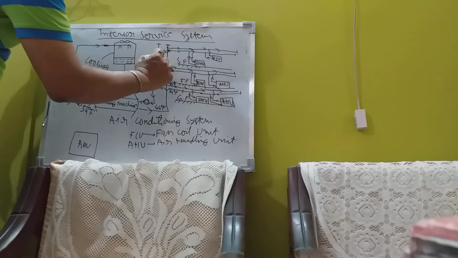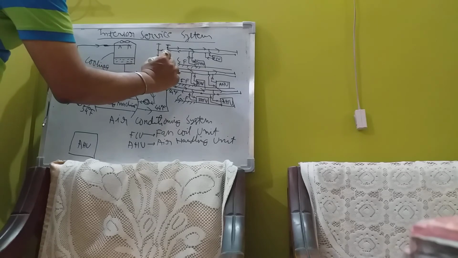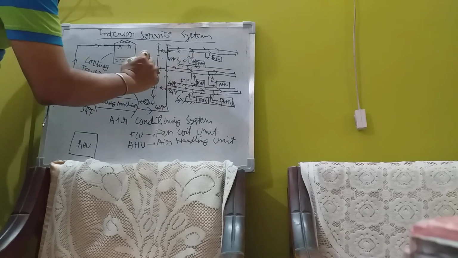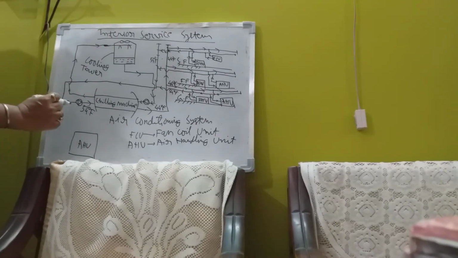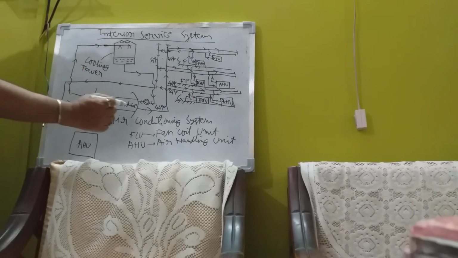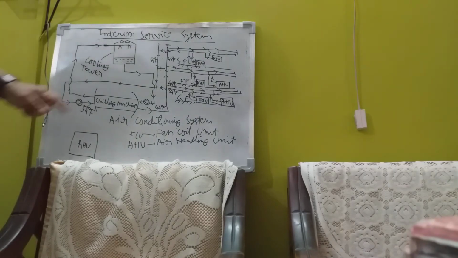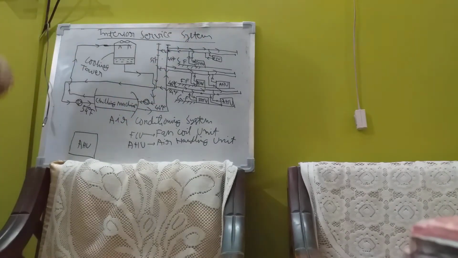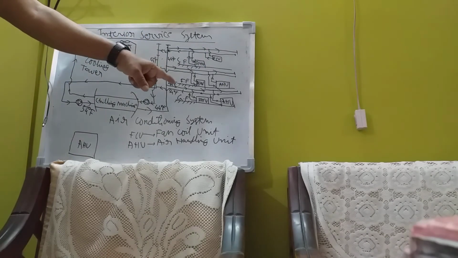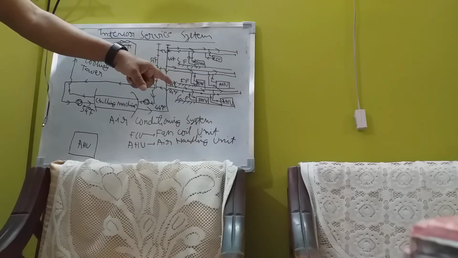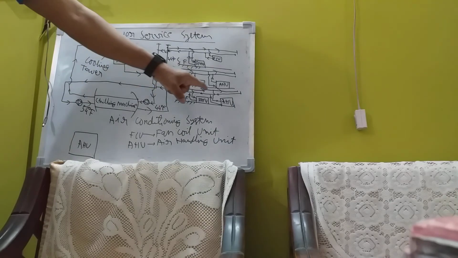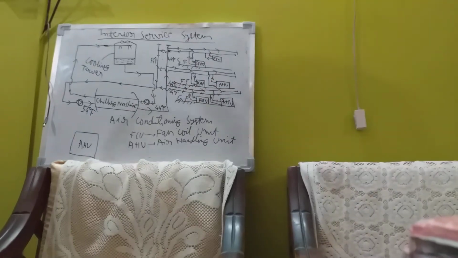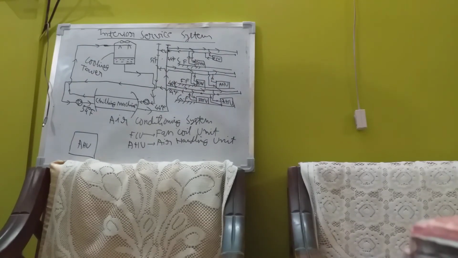That means this temperature is 44 degree Fahrenheit and this temperature is 54 degree Fahrenheit. At 54 degree Fahrenheit it enters the chilling machine again, cools to 44 degree Fahrenheit, and goes to cool the whole system of the building.